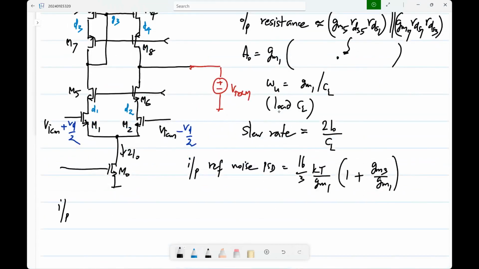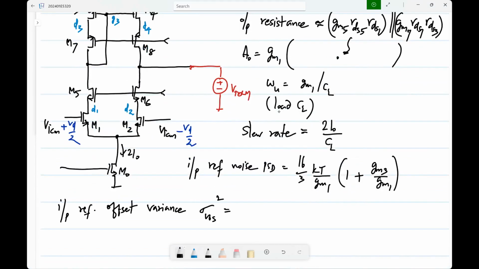Similarly, the input referred offset variance, what is that? How is it related to the offset variance of the simple single stage op amp? Same.